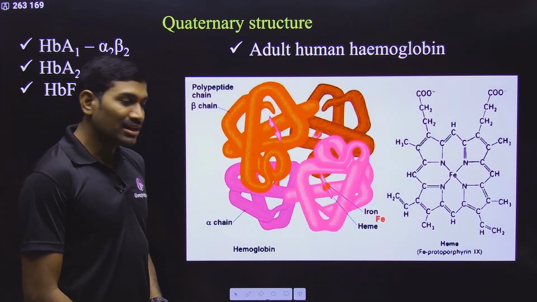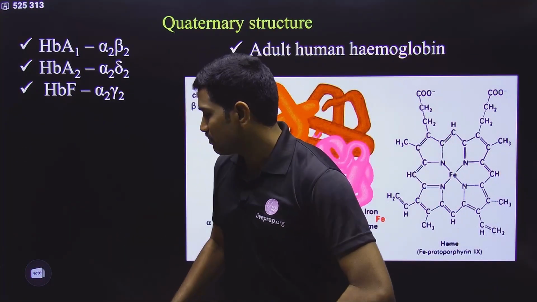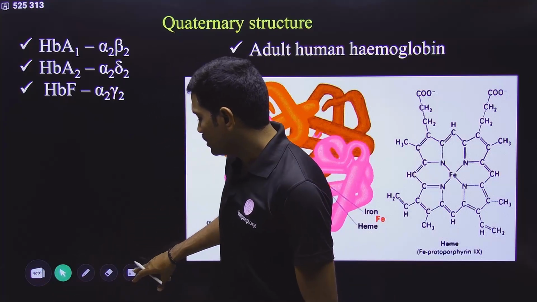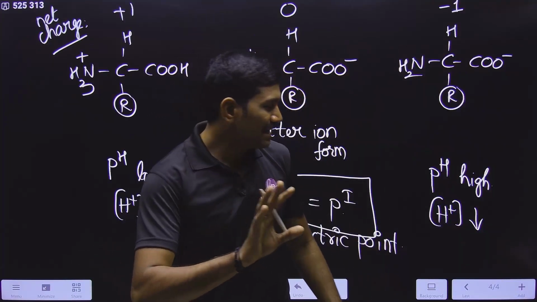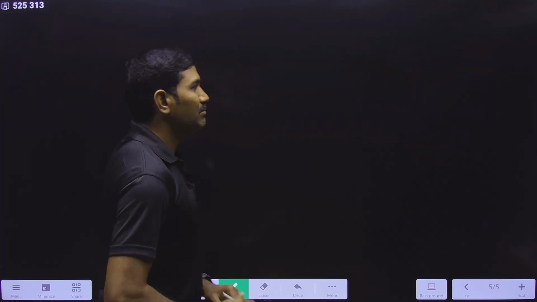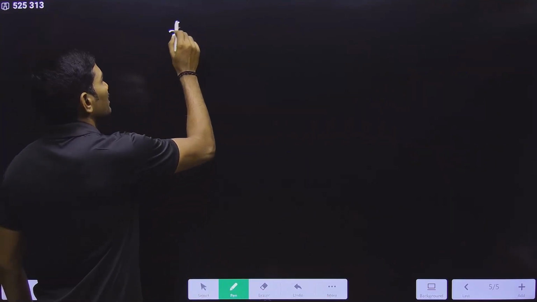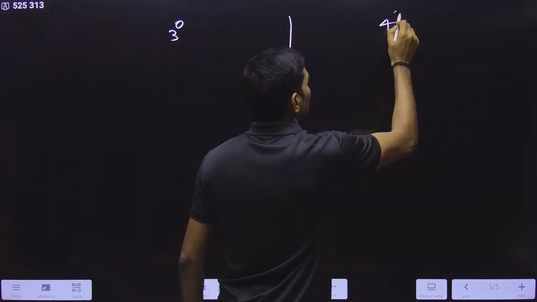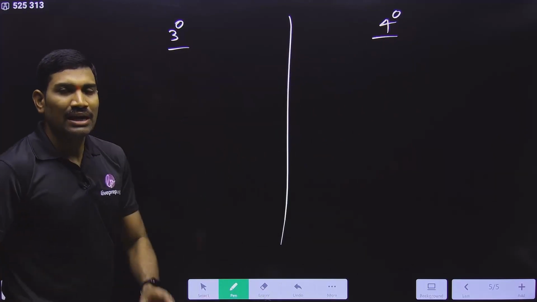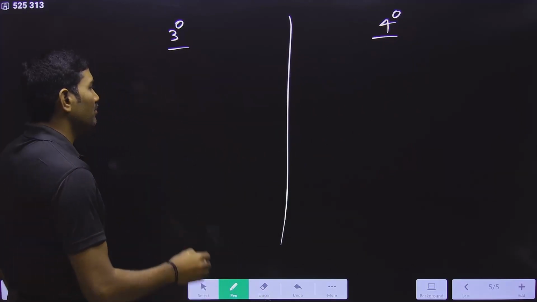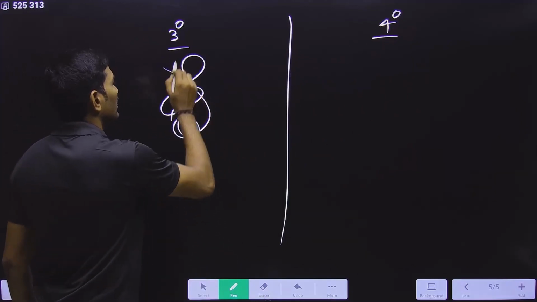Next one is regarding quaternary structure, and please observe the concept between tertiary and quaternary structure. Many students are not getting a clear difference here. Please remember, what is the difference between tertiary and quaternary structures? Observe the concept here. Let us take one protein, and suppose this protein is folded like this.